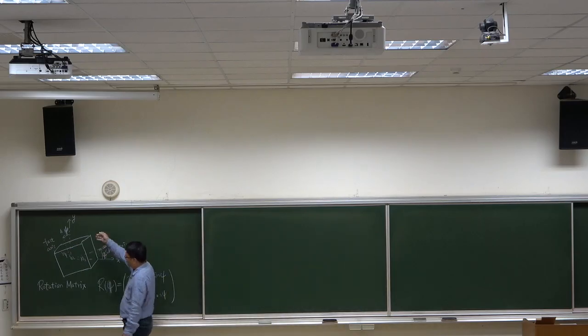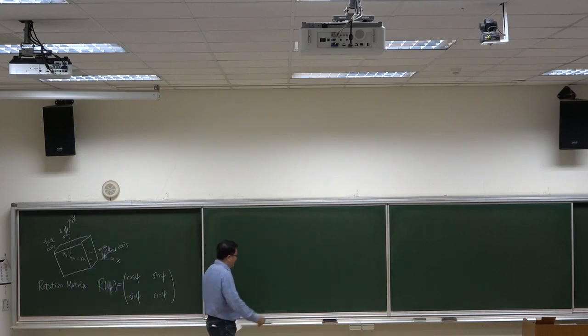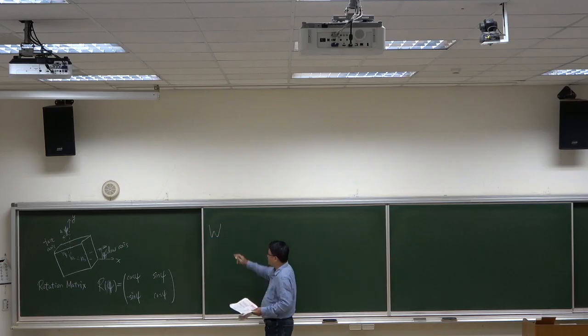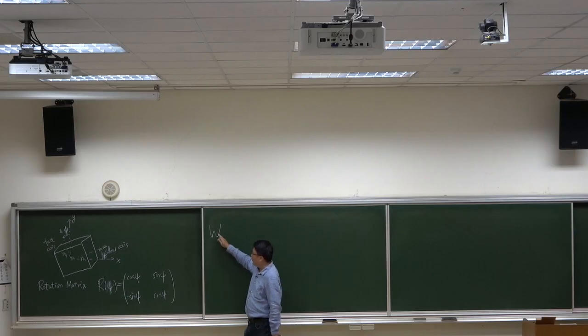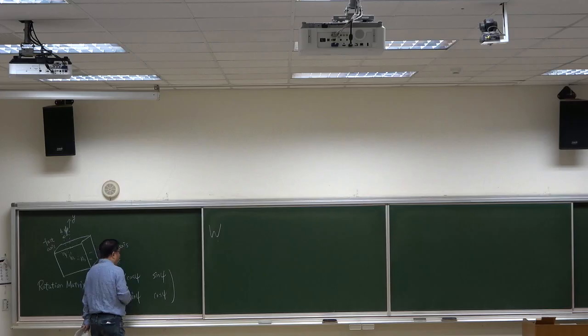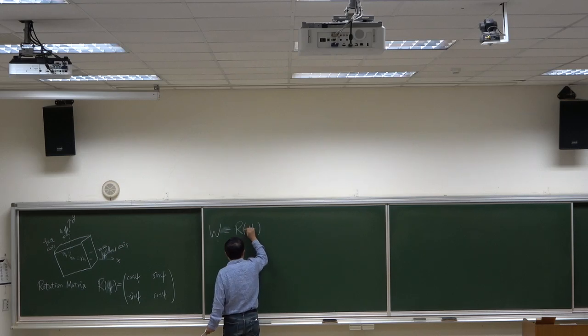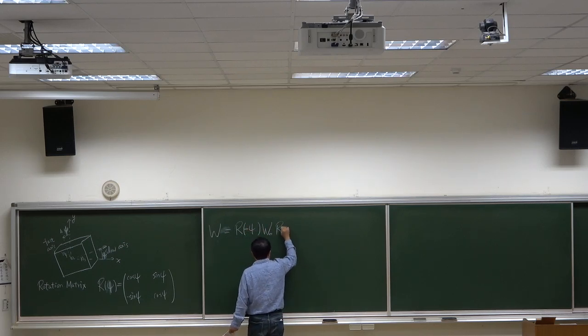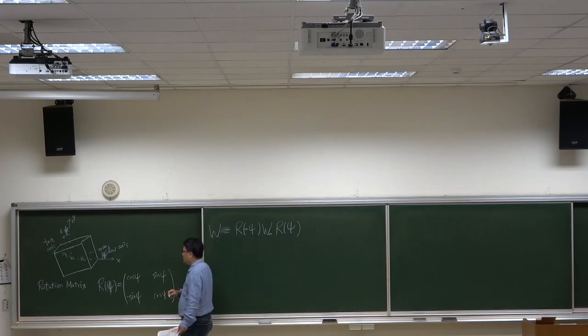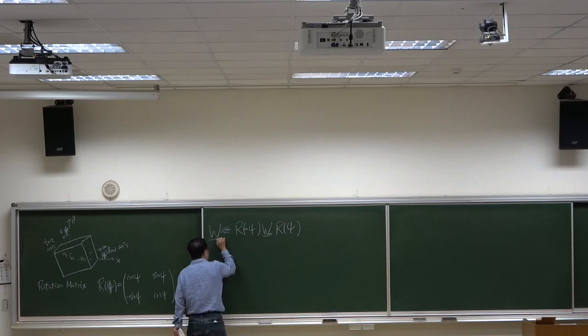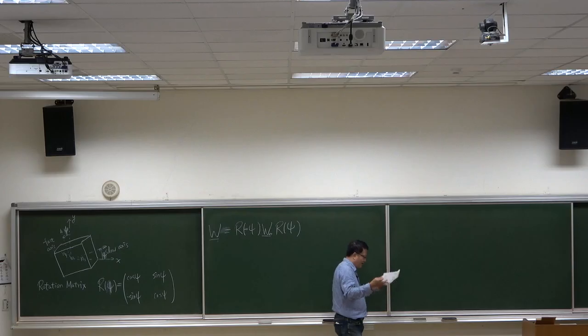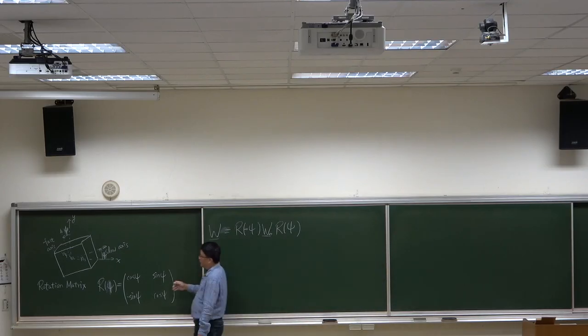So mathematically, this wave plate can be represented by a matrix W. W 的意思，英文就 wave plate，wave，所以 W 是 wave plate。那it can be written as R minus psi times W0 times R psi. Okay.